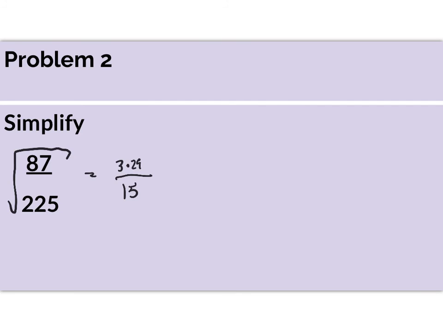So there are no roots available. 87 does break down, but not like we needed it to. So I would just leave it as the square root of 87 over 15.